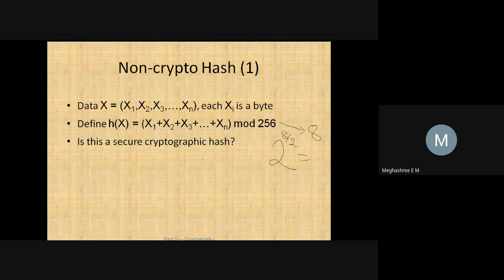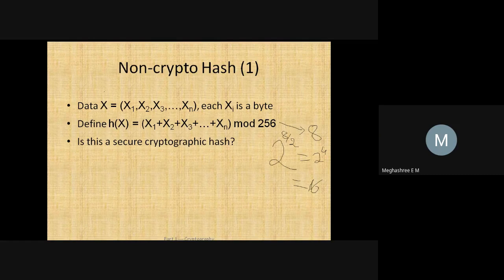That means 2 power of 4. 2 ones are 2, 2 fours are 8, so this comes to 16. So for 16 randomly selected inputs, you can find a collision in this hash function.